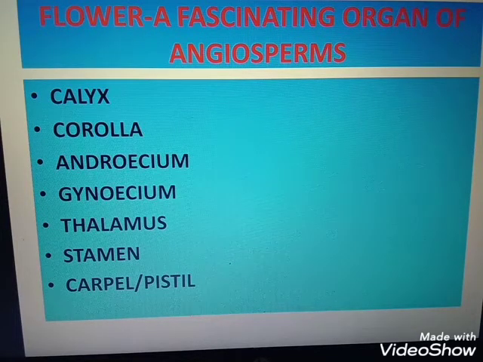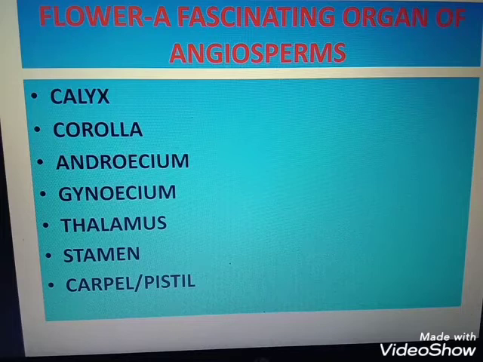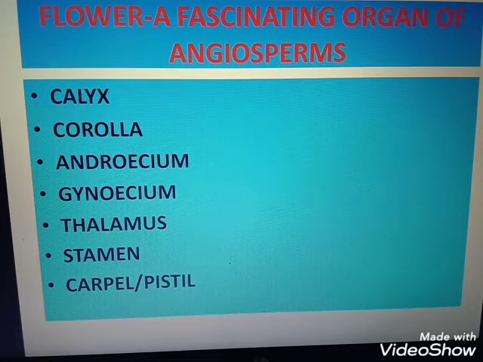Clear? Then the next question is, pollen grains in wheat are shed at the three-celled stage, while in peas they are shed at the two-celled stage. Explain where the germ pores are present in a pollen grain.